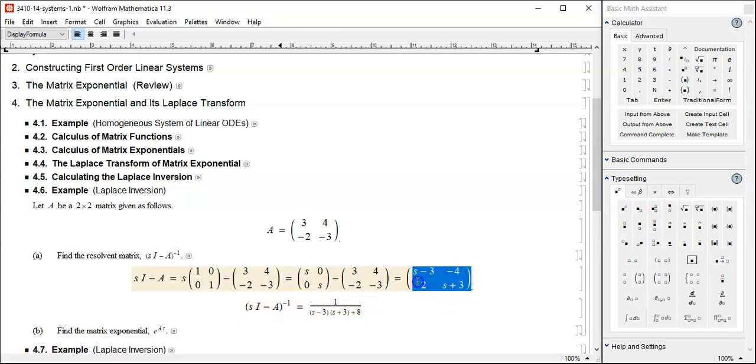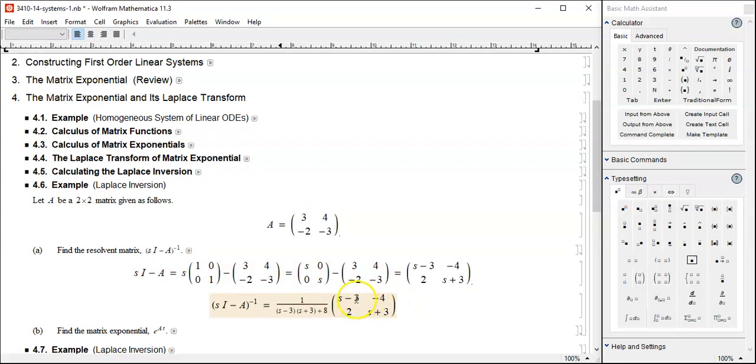And then I have to switch the principal diagonal and then take the negative of the other diagonal, and there goes the inverse matrix. Okay, is it a good way to simplify this thing?